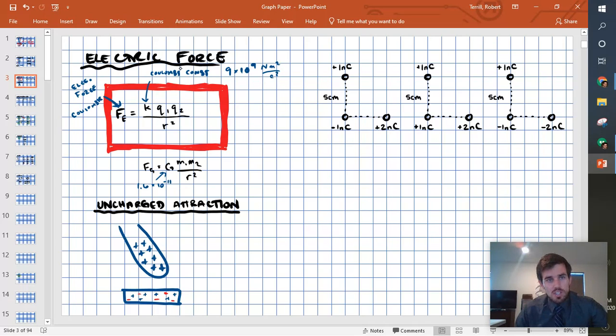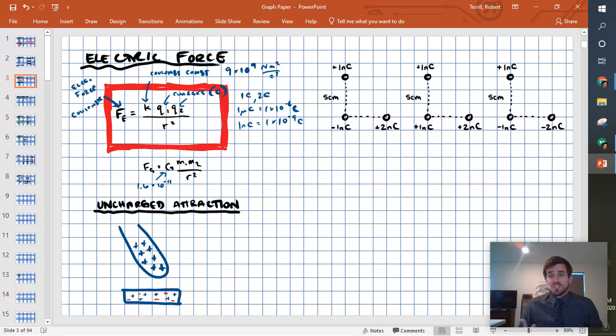Then each one of these q1 and q2 represents the charge of each object. And the charges are always going to be measured in coulombs. So you might see something like 1 coulomb or 2 coulombs, but more likely you'll see something like 1 microcoulomb, which is equal to 1 times 10 to the negative 6th coulombs, or in the problem that we're about to do, 1 nanocoulomb, which is 1 times 10 to the negative 9th coulombs.